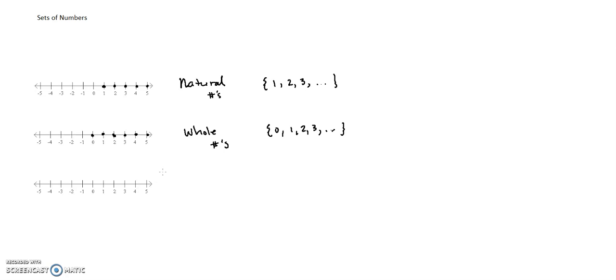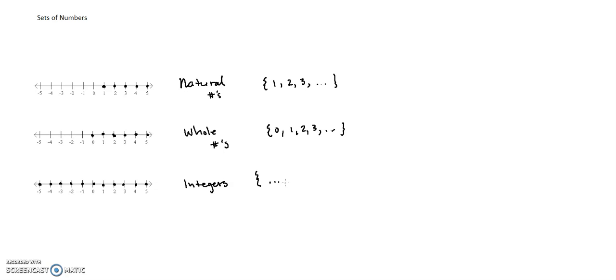Okay, and then as we went on, we realized that we needed to be able to express negative numbers. So we needed to have -5, -4, -3, and so on, in addition to our 0, 1, 2, 3, 4, 5 concept. So when we have all the positives, 0, and all the negatives, that's going to give us the integers.